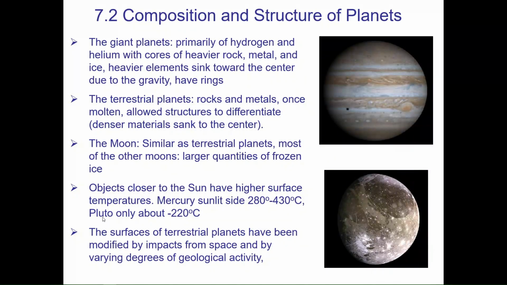However, if you look at the planets or moons further away from the sun, their temperature is much lower. Therefore, water can survive on their surface as water ice, and it's also easier to keep gases like hydrogen and helium around.